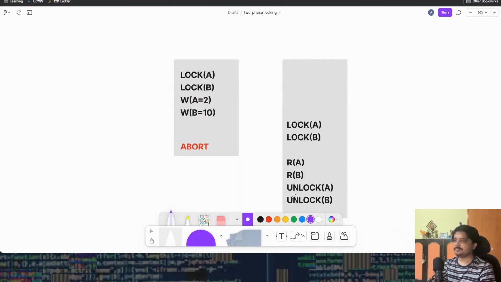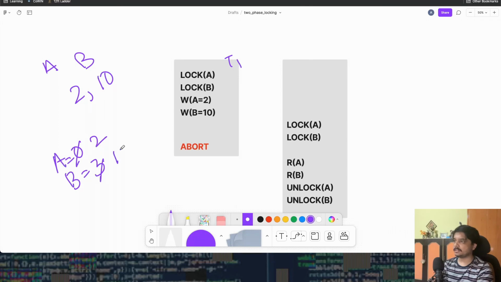Let's see an example. So let's say this transaction T1 has written 2 and 10 to A and B. Let's say the initial values were A equals 0 and B equals, let's say, 3. This has been changed to 2 and 10, right?